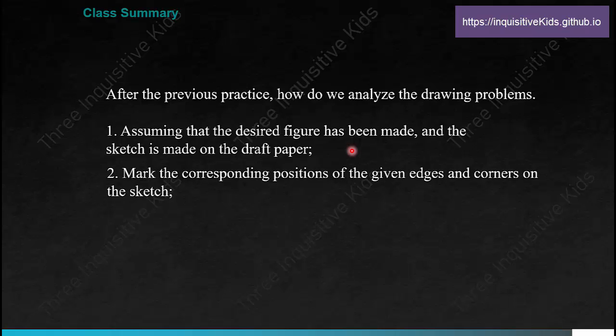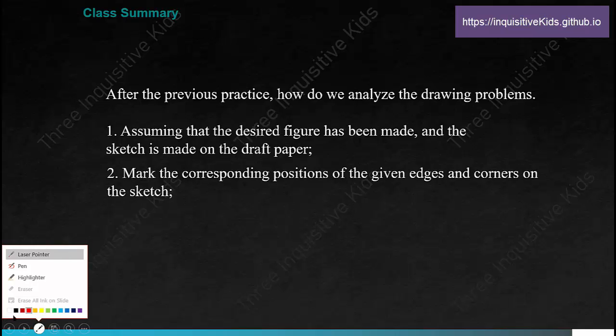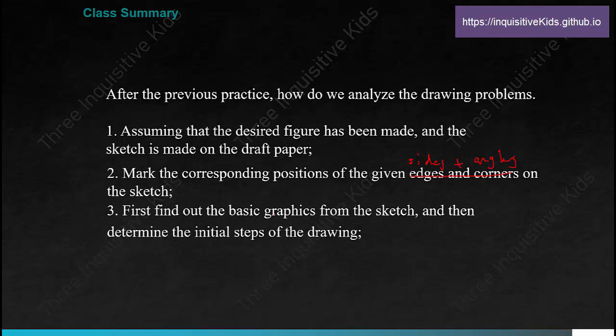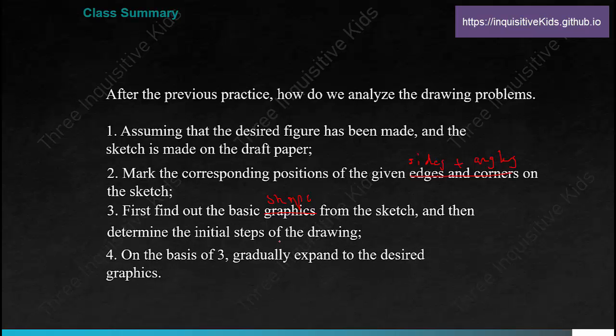Two, mark the corresponding positions of the given sides and angles on the sketch. Three, first find out the basic shapes from the sketch, and then determine the initial steps of the drawing. Four, on the basis of three, gradually expand to the desired shapes.